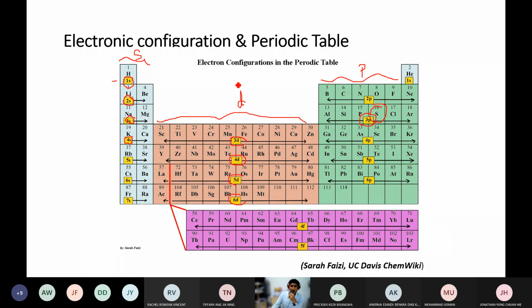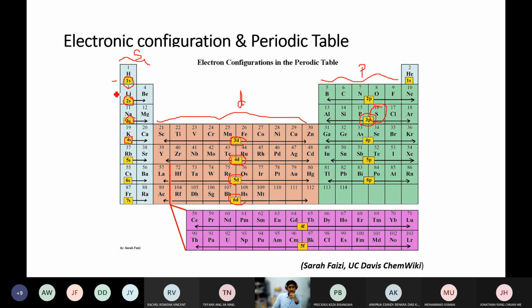Okay, now since we see that the periodic table is here, we know what we can expect and what we can look into if we have any element given to us, or we are looking for some specific element.